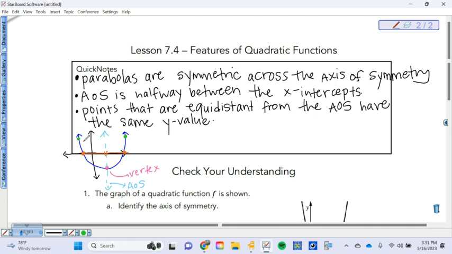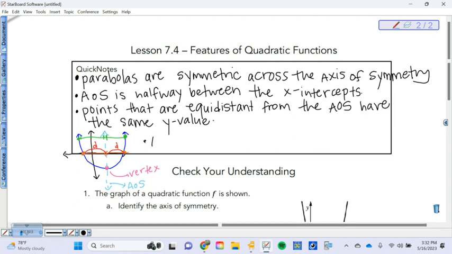Those mirror points have the same y value. They have the same height. So they'll be equidistant from the axis of symmetry, and they will have the same output, the same y value. Right, this distance is the same as this distance. Cool?